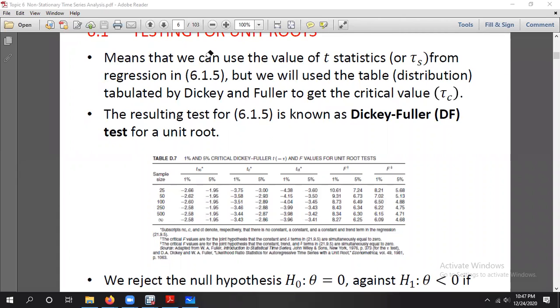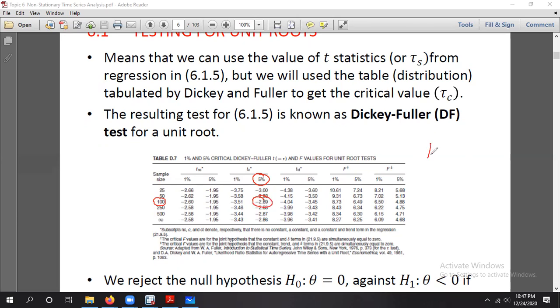Now we want to pick up the critical value. We pick 100, and because in our analysis we put the constant, if we choose the 5% significance level, our value of tau is negative 2.87.